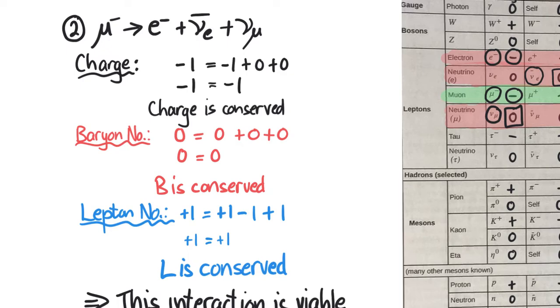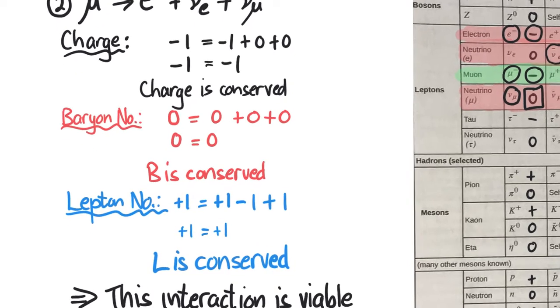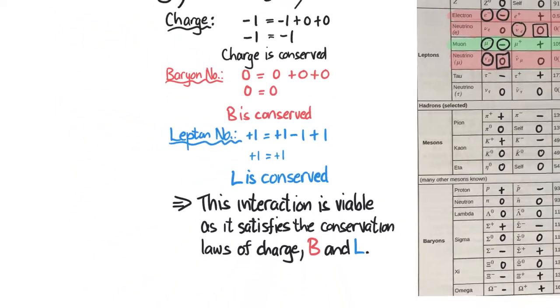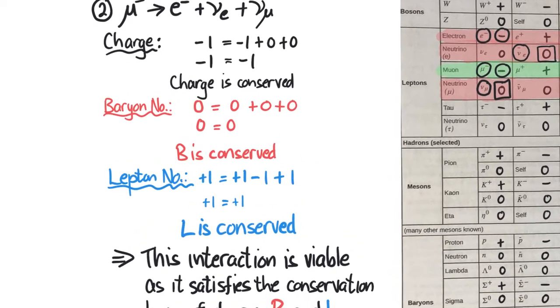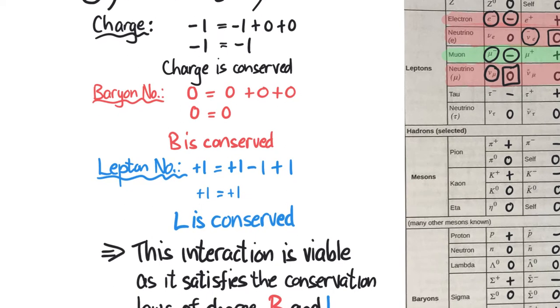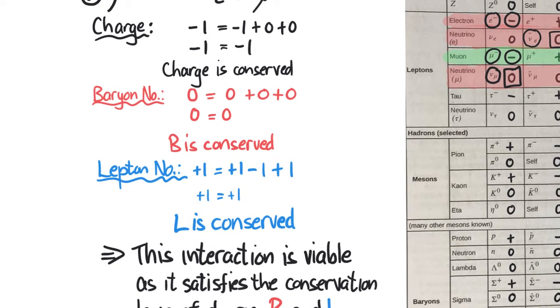When we look at the lepton number, all of these particles are leptons. So the muon has a lepton number of +1. The electron has a lepton number of +1.